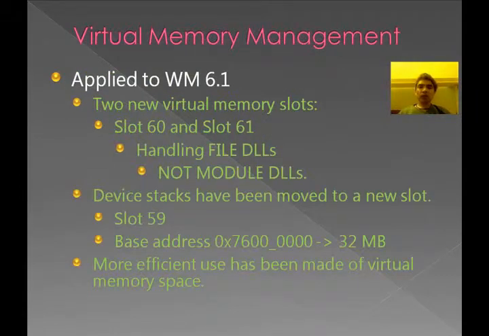So here we have that in Windows Mobile 6.1 we added two new memory slots, slot 60 and slot 61, to handle only DLLs which belong to the file section.